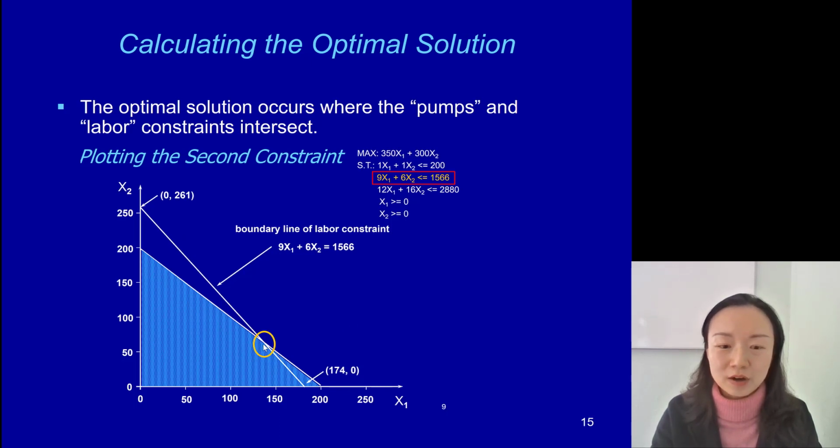So how do we identify this point? Because we had two lines that intersect at this one point, which was identified as our optimal solution, we should be able to find out the x1, x2 values by changing these two equations and solve them.